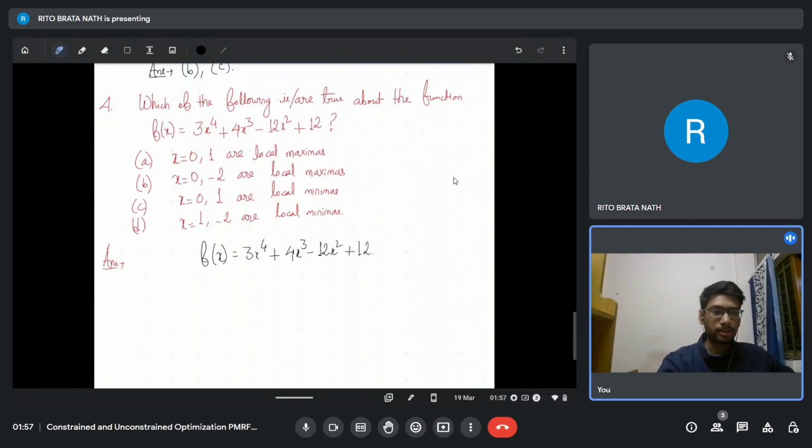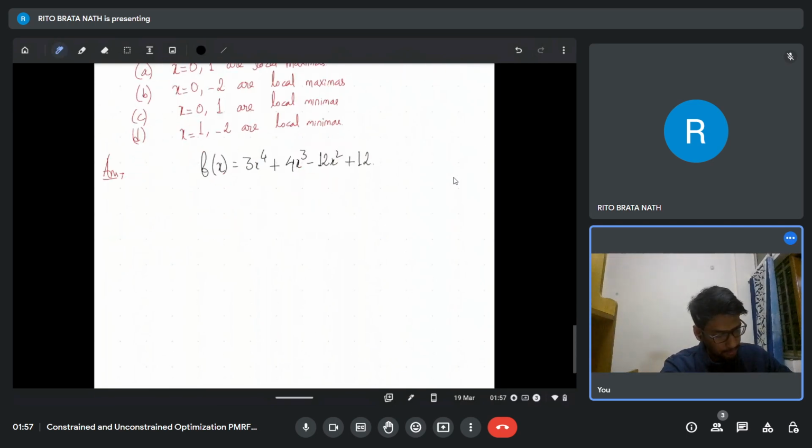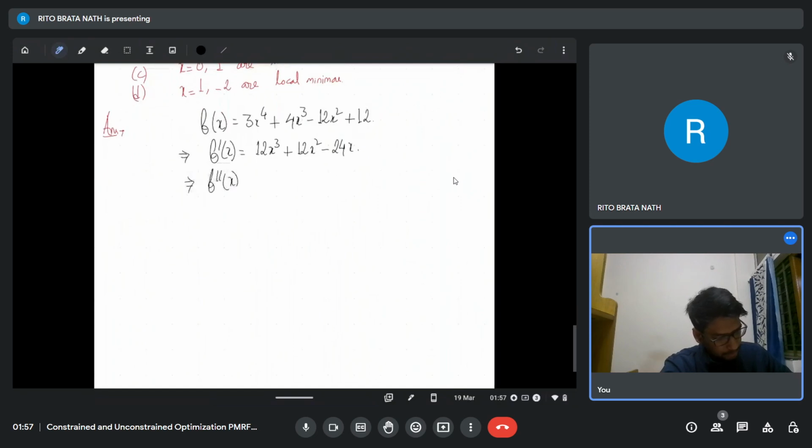So this is the expression of the function and the first derivative is 12x cubed plus 12x squared minus, it's not 12, it will be 24x. Okay, and the second derivative is 36x squared plus 24x, hope this is correct, minus 24.